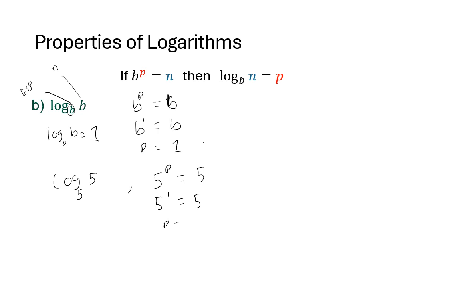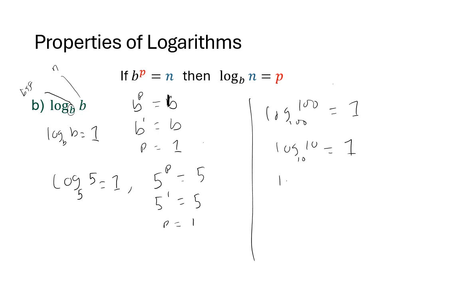So your p is 1, so this is equal to 1. Similarly, log 100 base 100 is 1. Log 10 base 10 is 1. ln e should be 1. Why? Because instead of ln, you can write log base e. This is equal to 1.